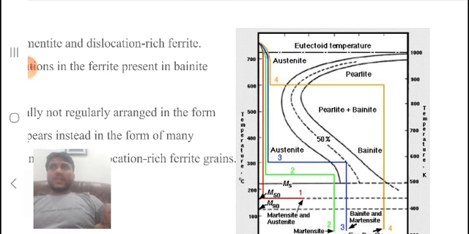Therefore, bainitic structure has more strength and hardness than the pearlitic structure. As we discussed in the earlier sections, the bainitic structure cannot be observed from a normal microscope. An electron microscope is needed to study the bainitic structure to understand the mechanical properties.